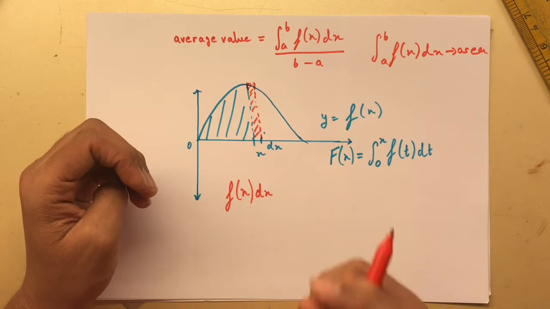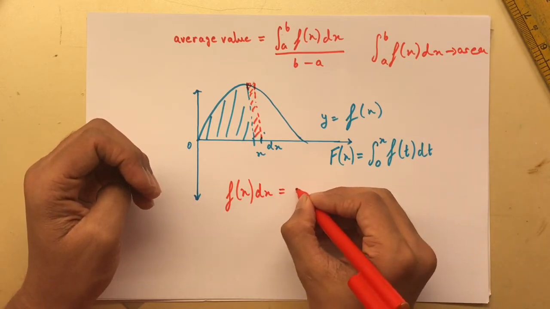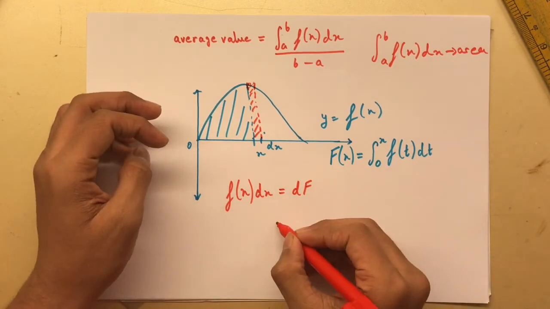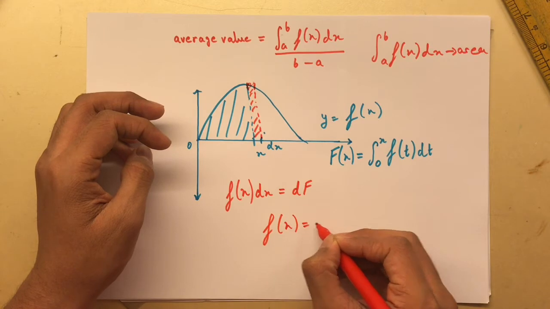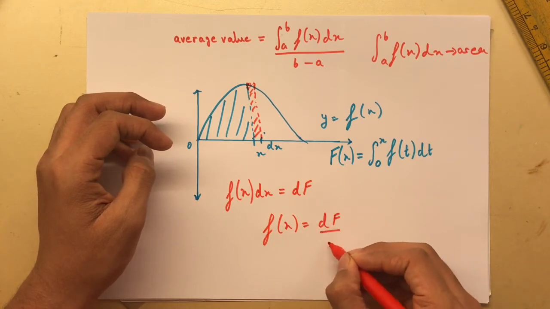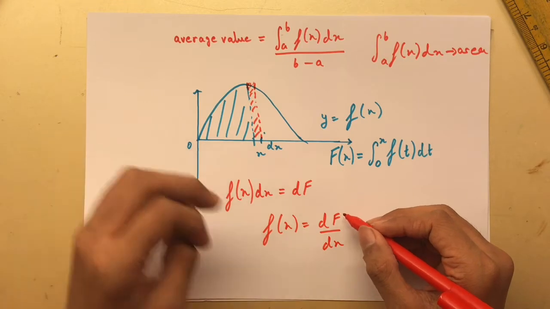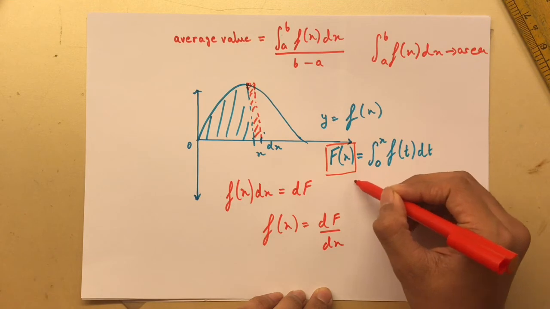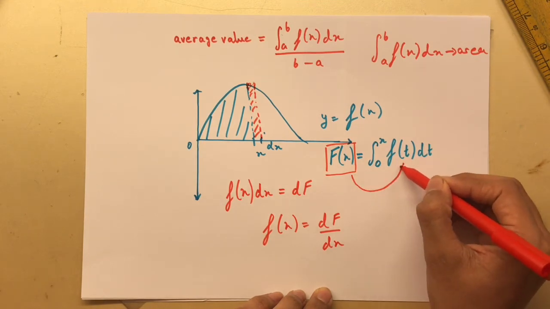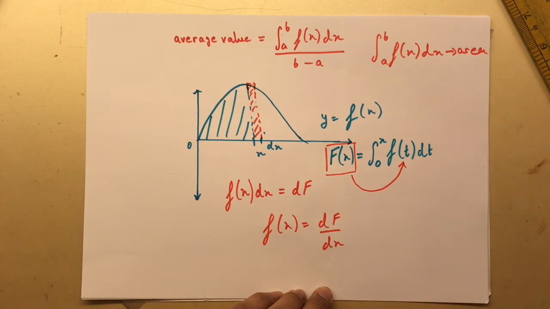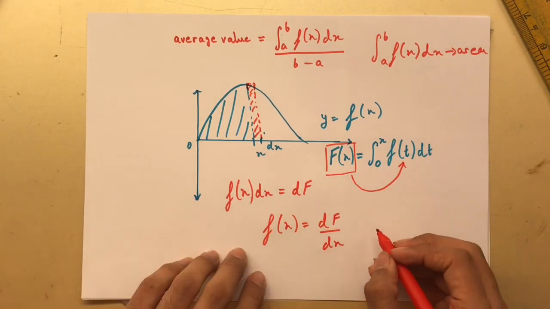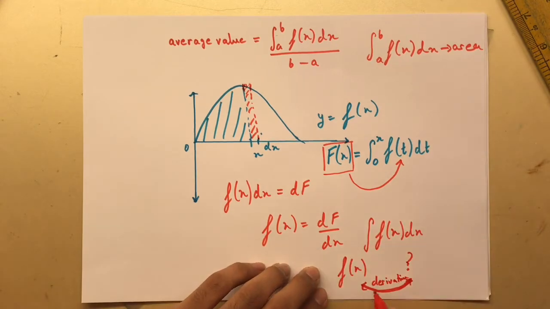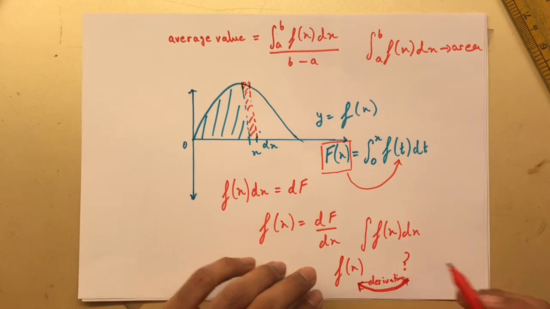And since we know that the function of the area is F of x, we know that that would be dF, since that is the change in the area. And therefore we can say that f of x is actually the derivative of that function F, right? What we have shown is that the derivative of this function is equal to that function, which basically tells us that if we want to find the integral of any function f of x, we want to find the function whose derivative gives us f of x.